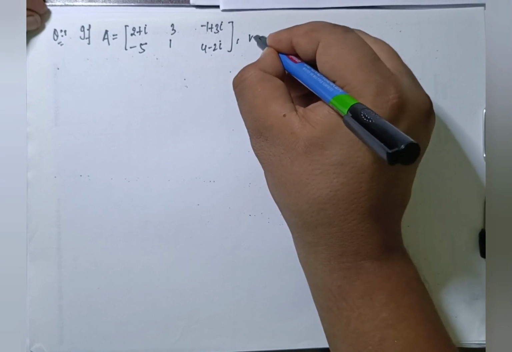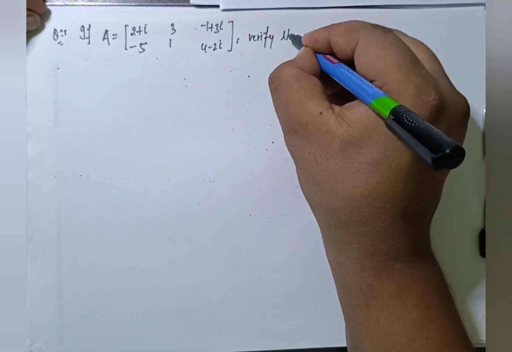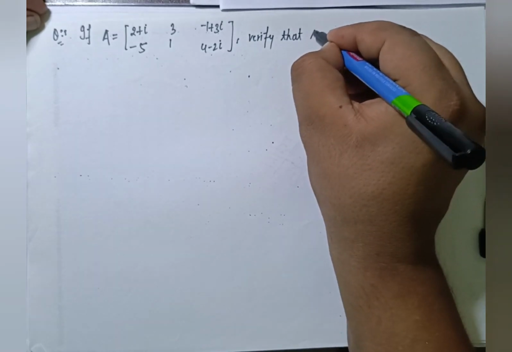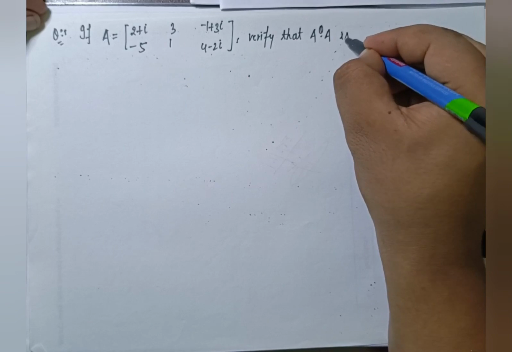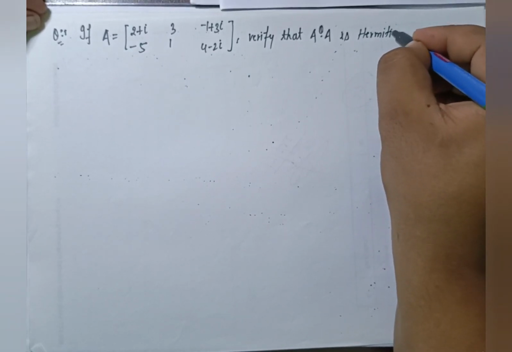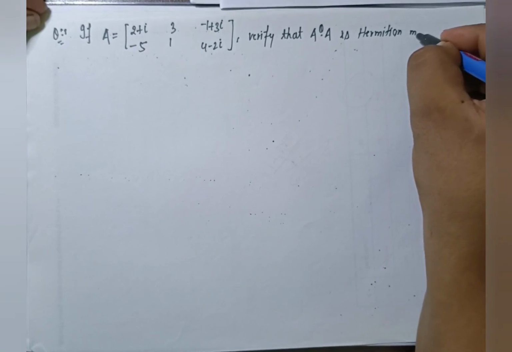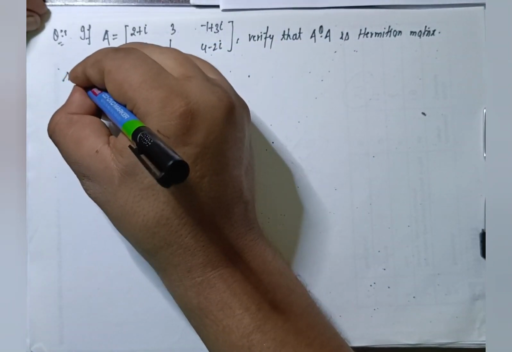Now verify that A theta into A is Hermitian matrix. Now the solution.